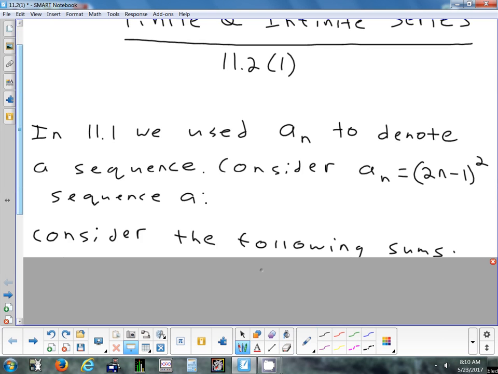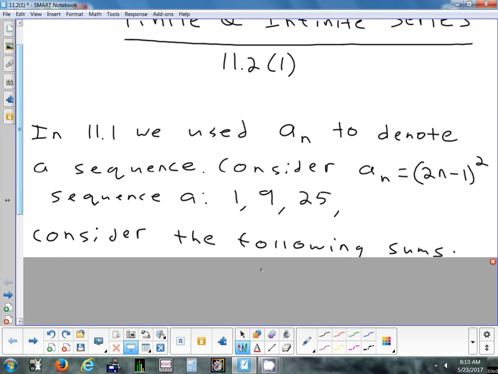So if we plug in 1, what's 2 times 1 minus 1? 1, and then squared? 1. So the first term in sequence A is 1. The second term would be what? 9. Okay, the third term would be 25.